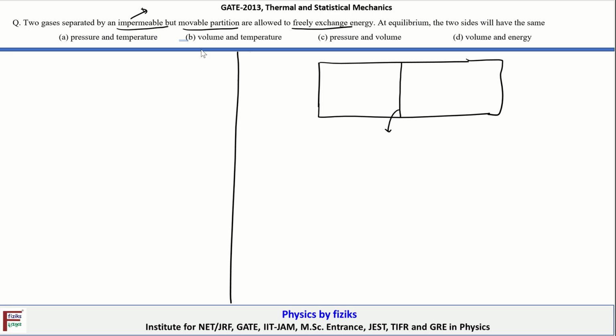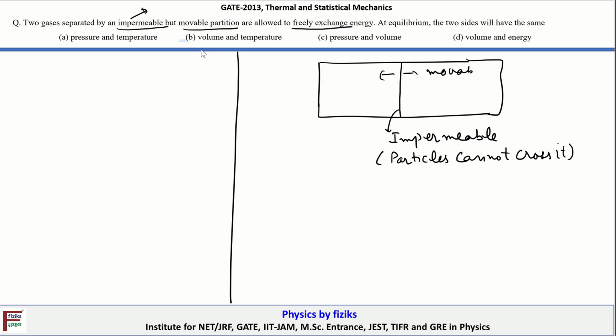Impermeable means particles cannot cross it. But it's given that it's movable, so it can move along either the right direction or the left direction. It's movable.